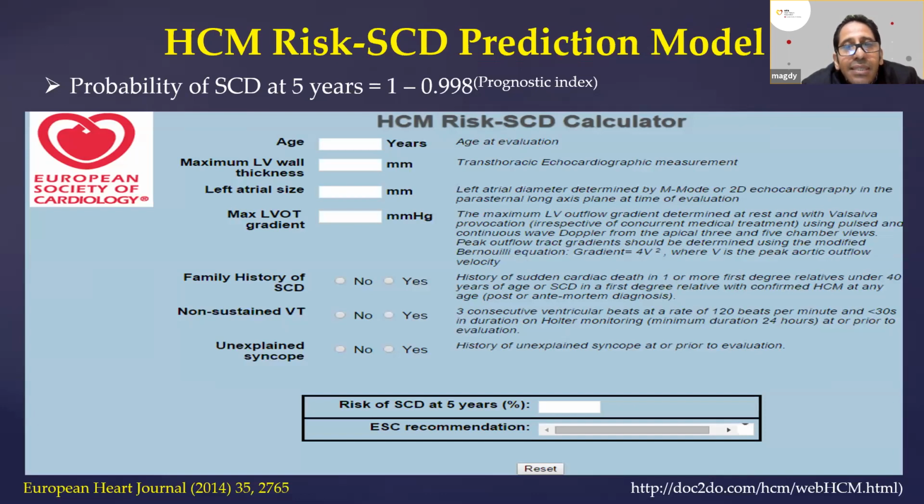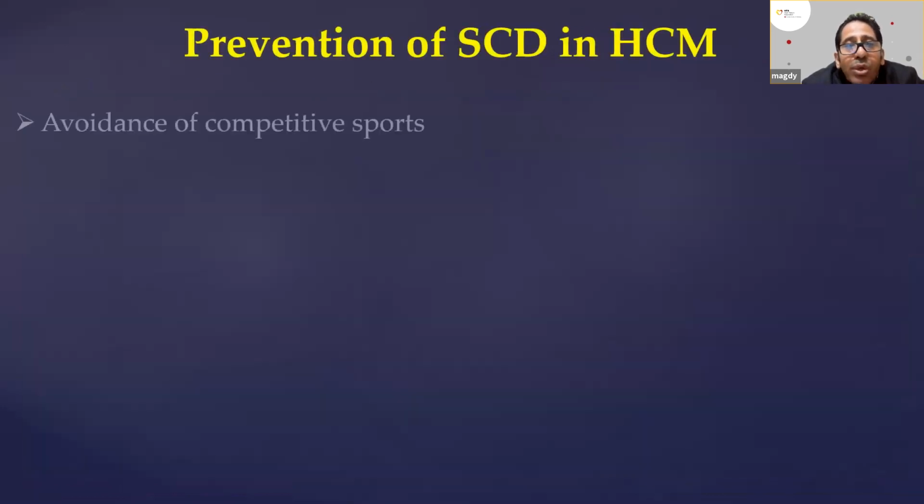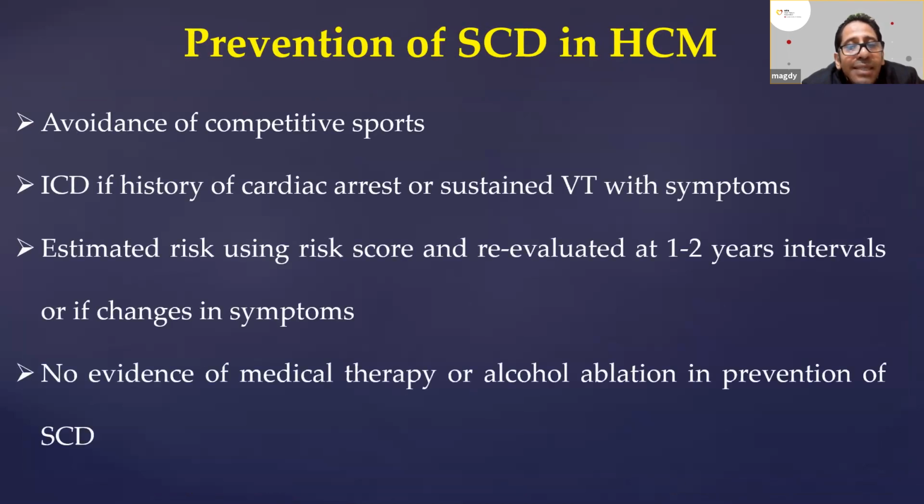If you use this calculator, which is available on the website of the ESC, you can detect the probability of sudden death at 5 years using different variables like age, maximum wall thickness, left atrial size, maximum gradient, family history of sudden death, non-sustained VT, and unexplained syncope. So the risk of sudden death at 5 years can be estimated, and accordingly, the recommendation for ICD or not can be given.